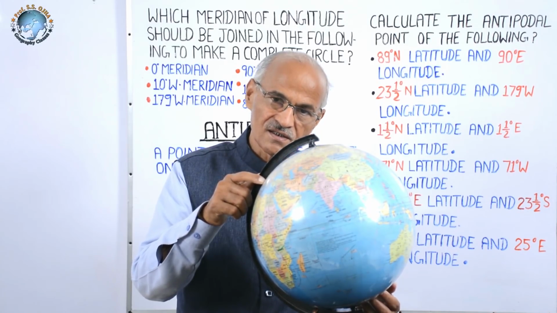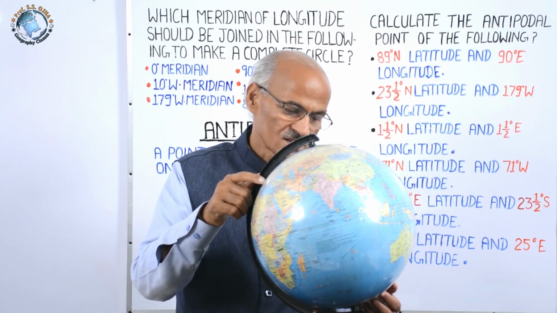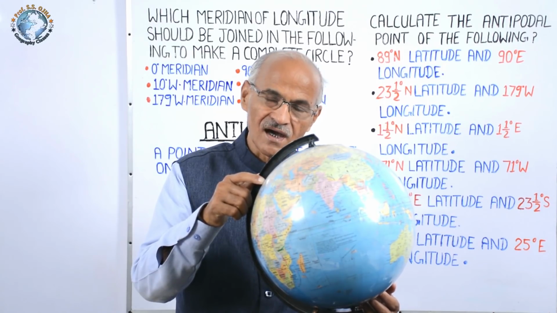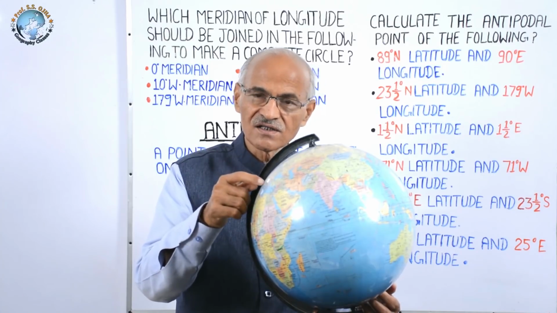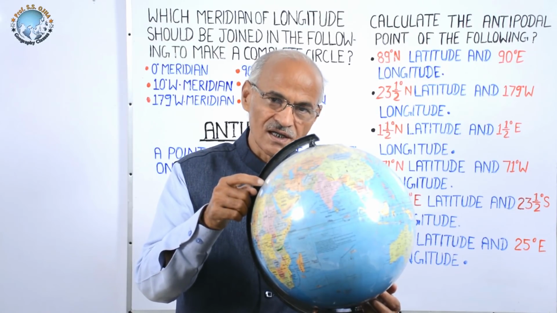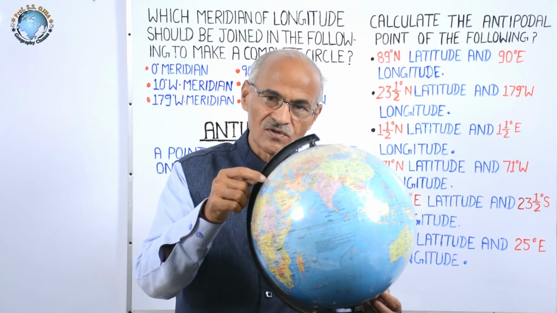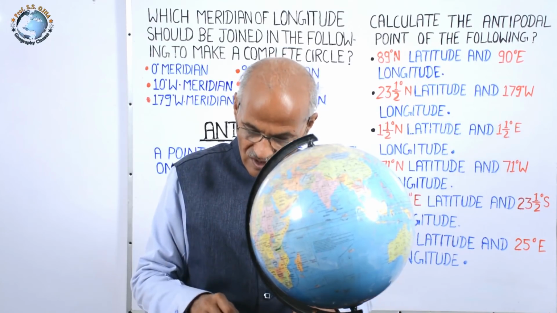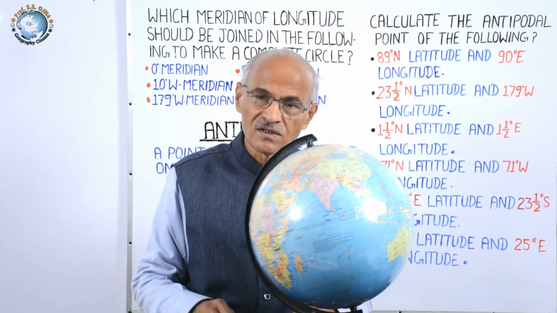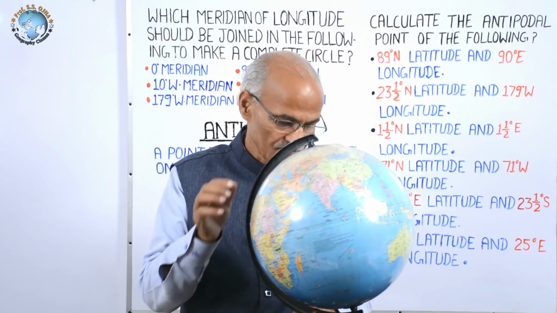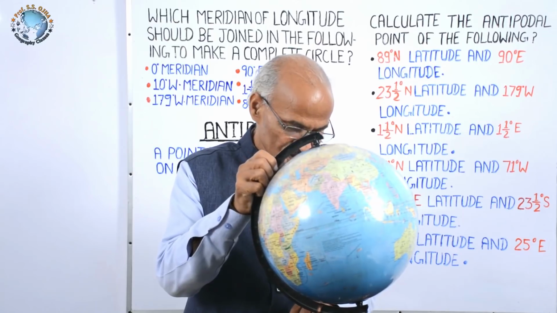Luckily, there is not a water body, there is land, an island, and the Britishers named it Antipode Island. So, this is the concept of antipode. Now, you are expected to calculate the antipodal position. Now, let us do those exercises.